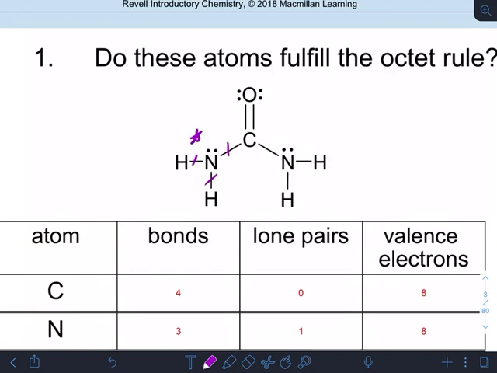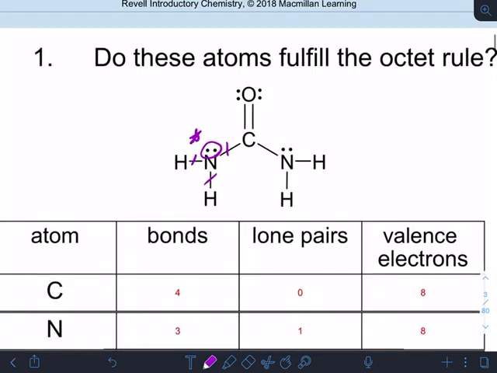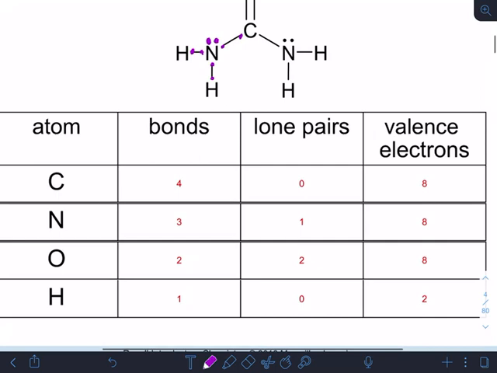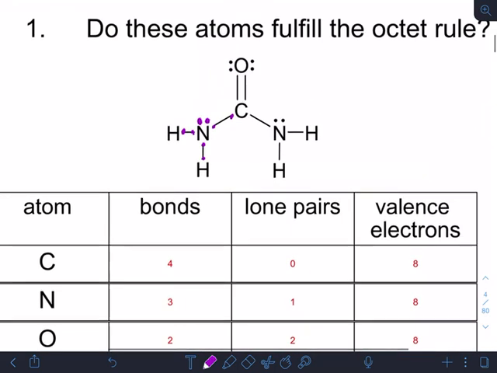So this nitrogen, let's take a look at him. That nitrogen has 1, 2, 3 bonds. It has 1 lone pair. And it has access to 1, 2, 3, 4, 5, 6, 7, 8 electrons.